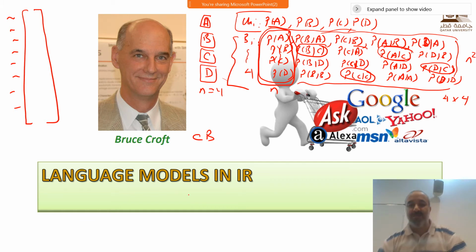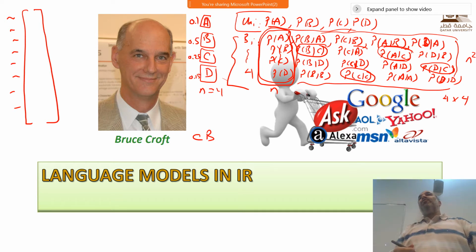For example, if the unigram probabilities here are 0.1, 0.5, 0.25, and 0.15, now I select one of these based on these probabilities.